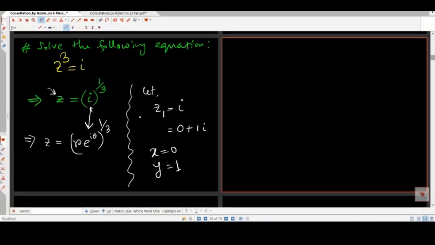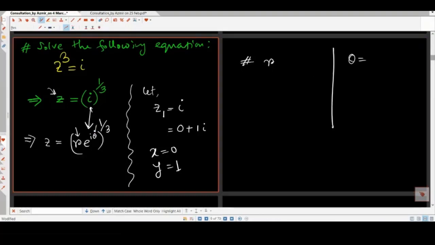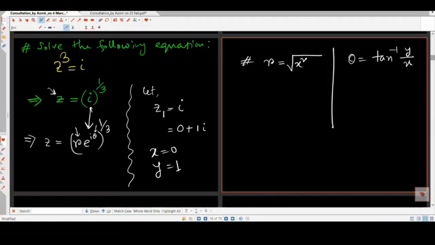Now we need to find the modulus, because r is present, and we also need to find the argument theta. In this case, you have to find the argument based on the location and with the formula tan inverse y over x. The modulus r is root over x squared plus y squared.